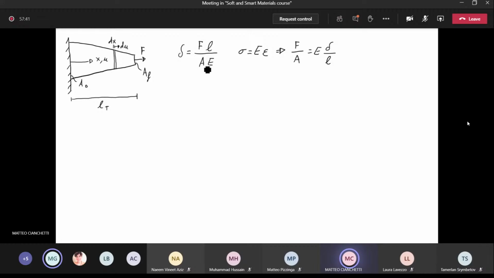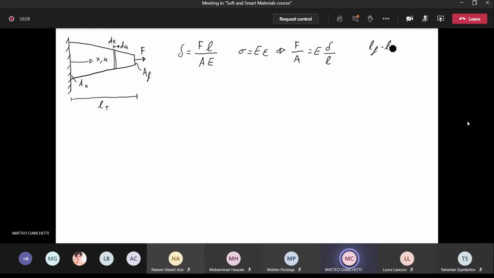Which is the difference between delta and epsilon? Okay, so delta is the deflection, so it's the deformation. In a way, you can consider delta like the final length minus the initial length, in this case where you are going to elongate the structure.